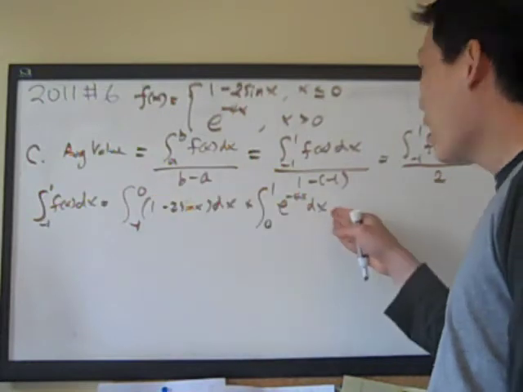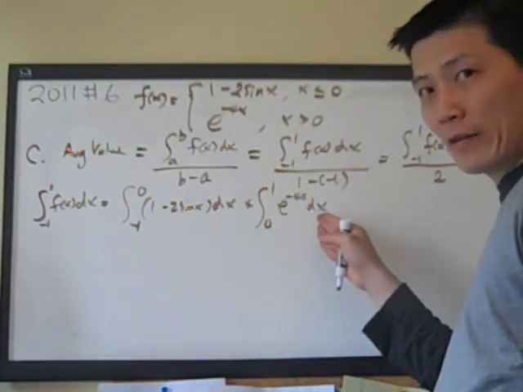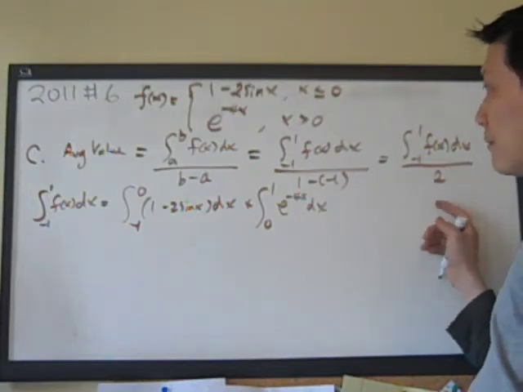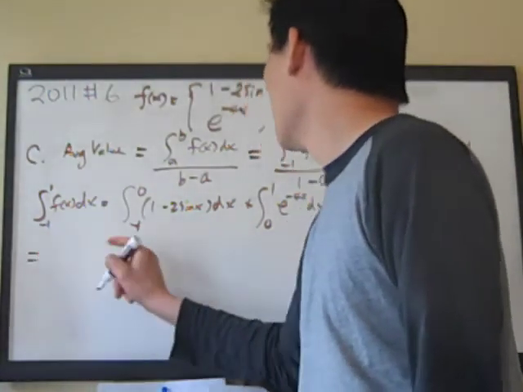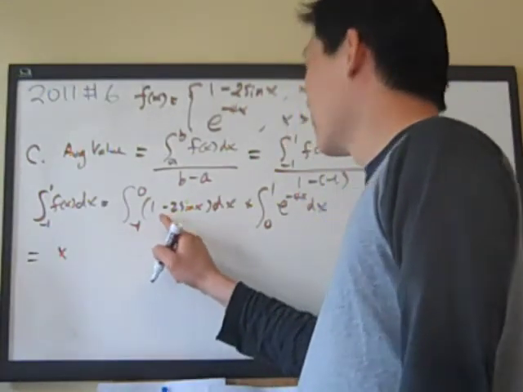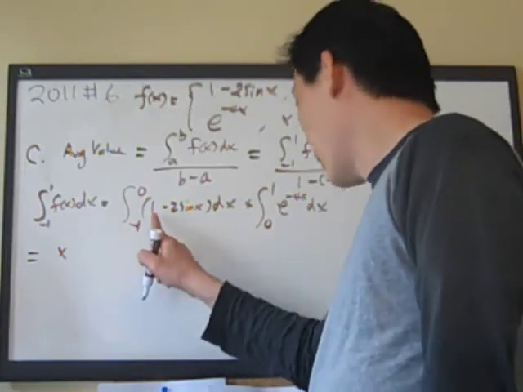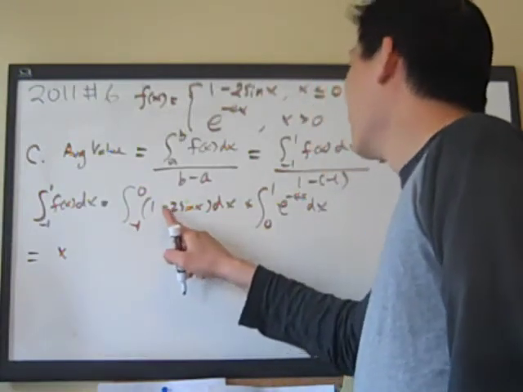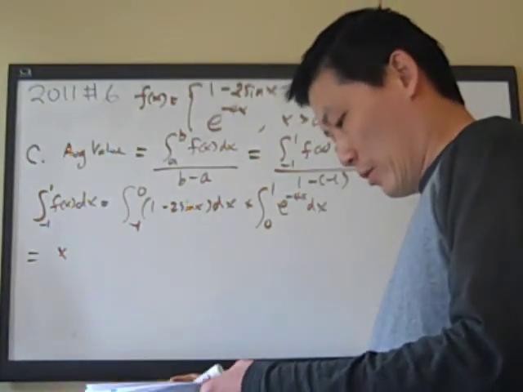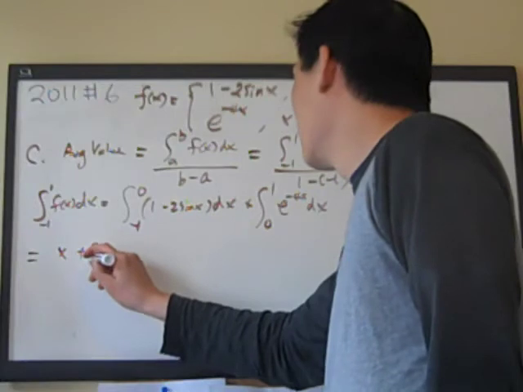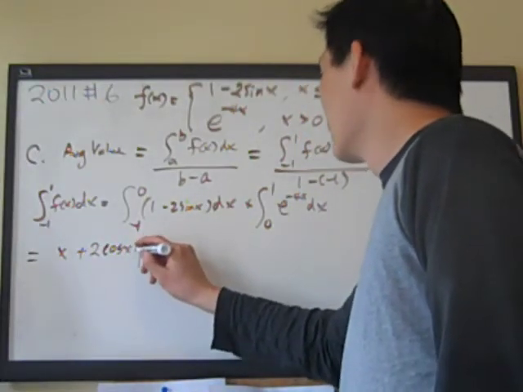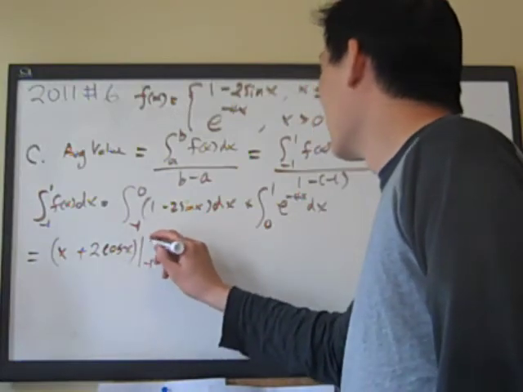So we can go ahead and solve this, and then take whatever we have and divide by 2. So let's try that. Here, the integral of 1 dx is x. The integral of -2 sine x dx, we will end up with positive 2 cosine x, evaluated from -1 to 0.